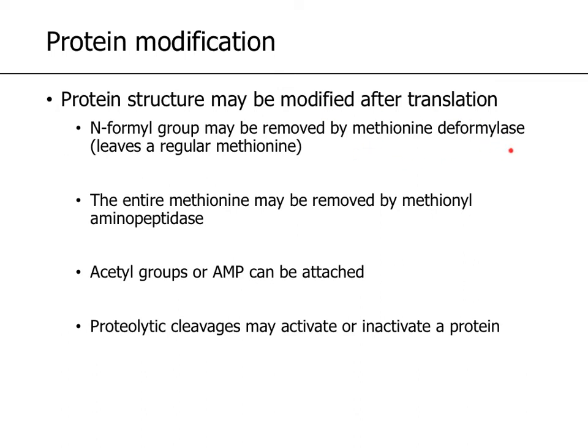That can be removed by methionine deformylase. In some cases, the protein doesn't need that at all; it just needs it to start translation, so it'll remove the whole thing. In other cases, you can get acetyl groups or AMP attached. In some cases, there will be proteolytic cleavages that can either activate or inactivate a protein. So a lot of modification steps can happen afterward to get to the full active protein.